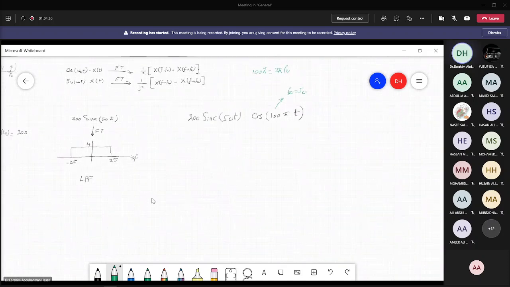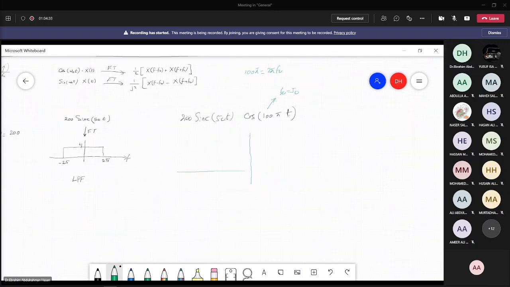So it becomes like this. This one, we're going to shift here, shifted to f naught. What was at 0, I will get add 50 now.